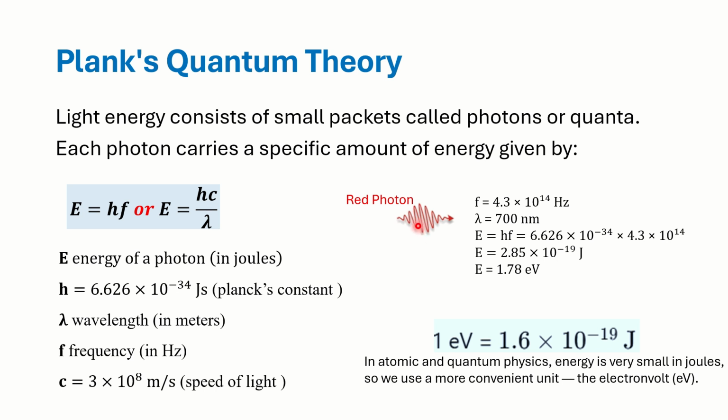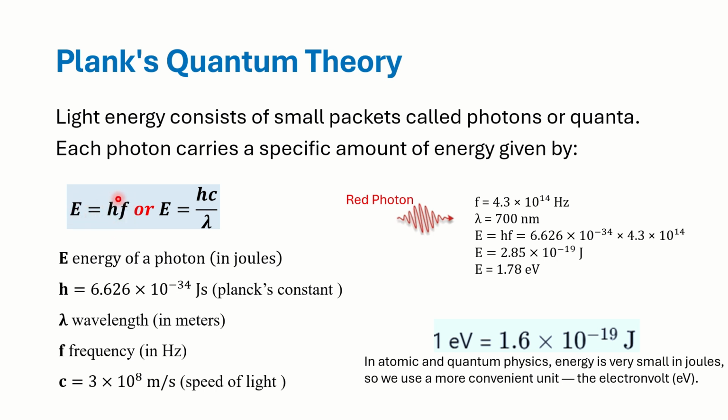Different photons will have different energies, different frequencies, different wavelengths. That is the green photon, having different frequency, wavelength and energy. The blue photon is like this. And one more thing, observe here: the more the frequency of the photon, the more the energy.